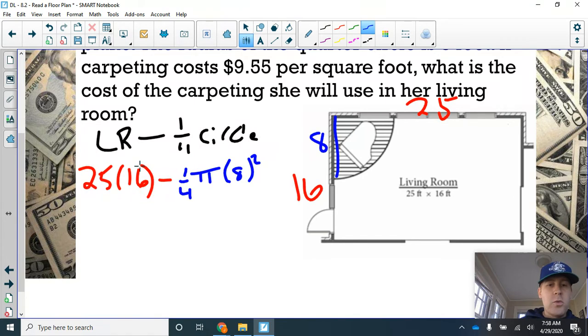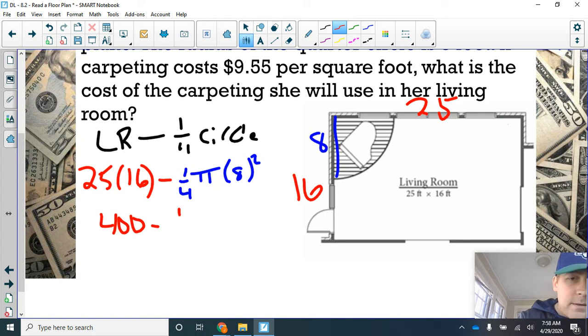Okay, 25 times 16, let's simplify that. That would be 400, so that is the area of the rectangle. We're going to subtract from that 1/4 times, if you plug in your calculator, pi times 8 squared. Well, 8 squared is 64, and 64 times pi would be 201.06.